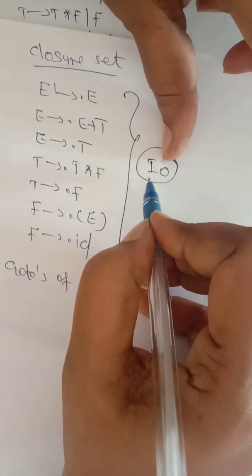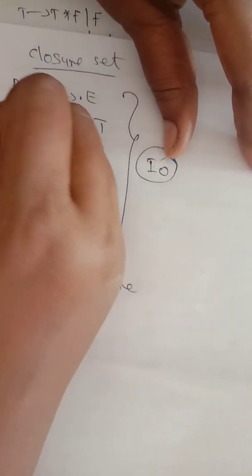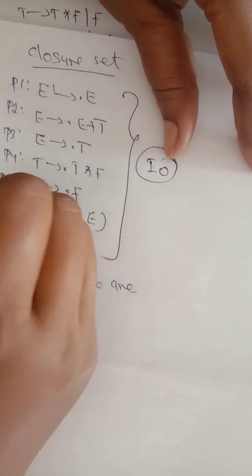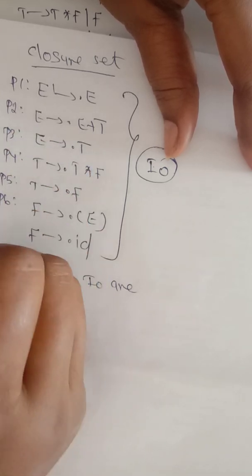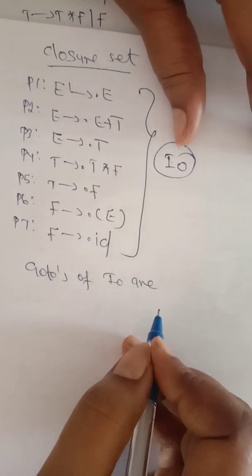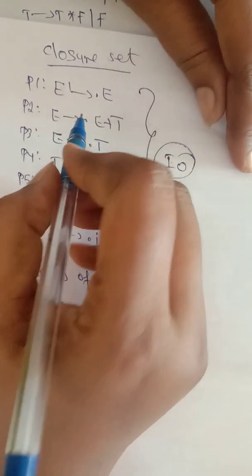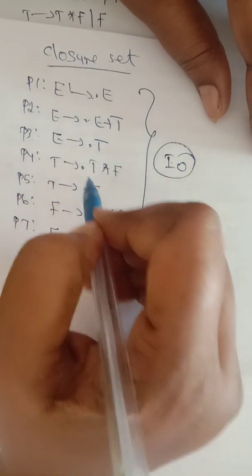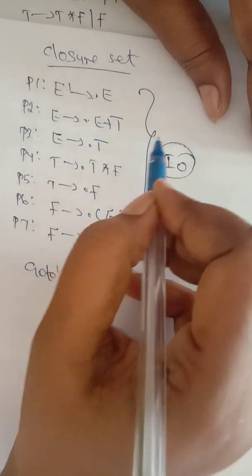In I naught we are having 7 productions: P1, P2, P3, P4, P5, P6, P7. Totally we are having 7 productions, and whatever things come immediately after the dot operator in those 7 are called go-tos of I naught.